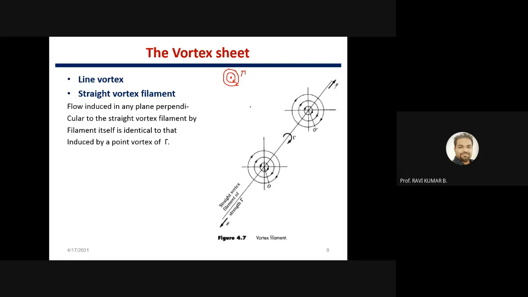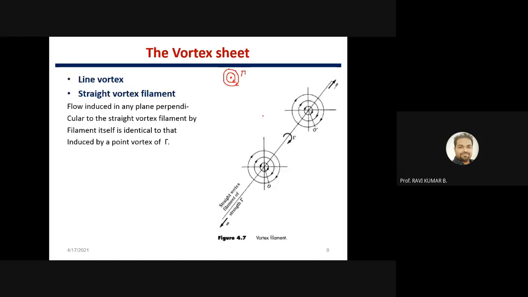The flow induced in any plane perpendicular to the straight vortex filament by the filament itself is identical to gamma. So if you are standing here, the strength of circulation will be gamma, and the same strength will be there over here.